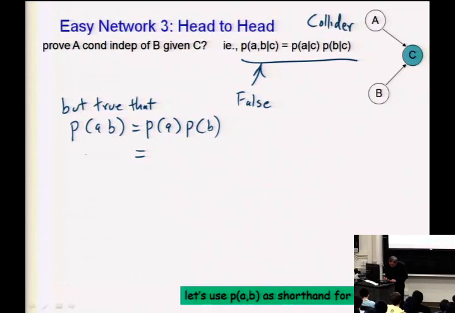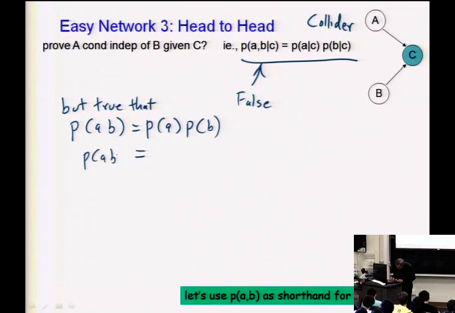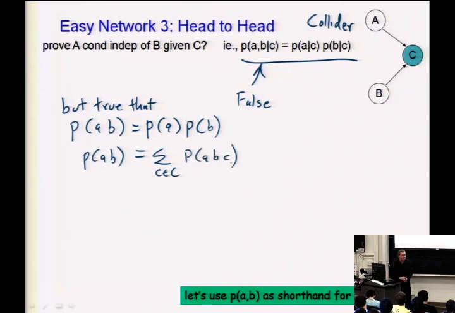So if we want to know what P of A and B is, and we have a joint distribution over A, B, C, then we sum over possible values of C of P of A, B, C. That's just our definition of the probability of A, B.